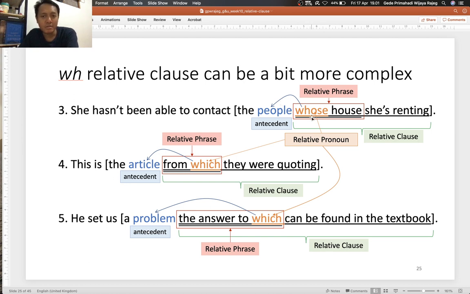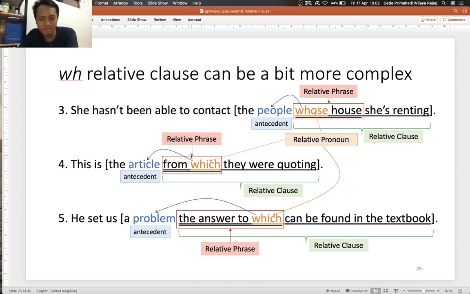So in example 3, whose here refers to people, a possessive relative pronoun. So you would normally say something like, she hasn't been able to contact the people. You don't have the simpler one, I think, for number 3, but whose house here is actually referring to the people's house that she is renting. So not being able to contact the people's house she is renting.